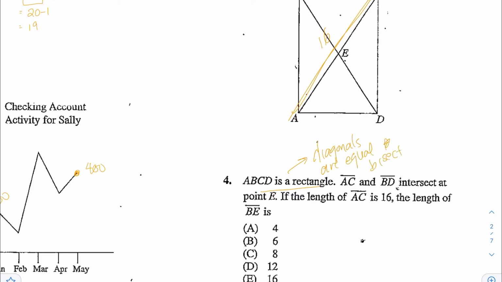And what bisect means is that they cut each other in half. So if the diagonal is equal to 16, then half of that is going to be 8. So each of these halves is going to be 8. And same for line segment BD. So to get BE, the distance will be choice C, 8.